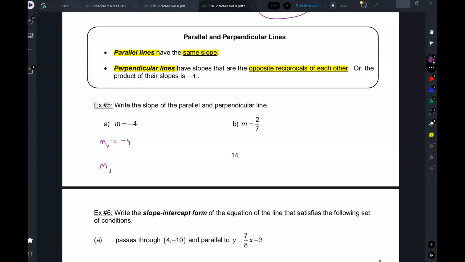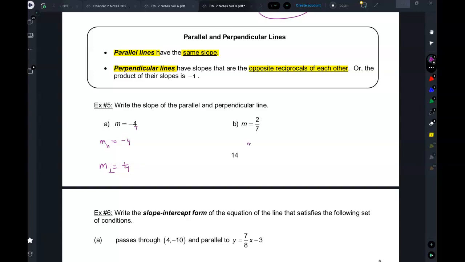It's just the same thing. Slope of the perpendicular line, now this is negative 4 over 1, right? I do two things. I change the sign so it becomes positive, and then I flip the fraction. I take the reciprocal so it becomes 1 over 4. Okay?